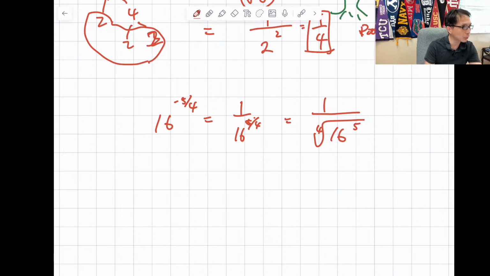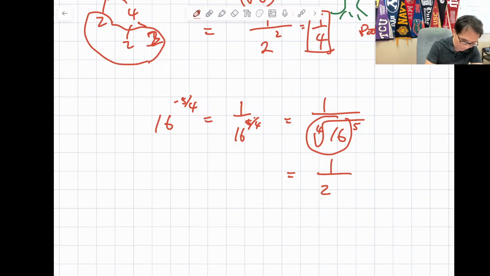So you try it: 1 times 1 times 1 times 1 is going to give you 1. 2 times 2 times 2 times 2, that's 4, 8, 16. So we know that this part is 2 to the 5th. Now we know 2 to the 4th is 16, and to the 5th is just times 1 more time. So that's 1 over 32. Does that make sense? Okay.